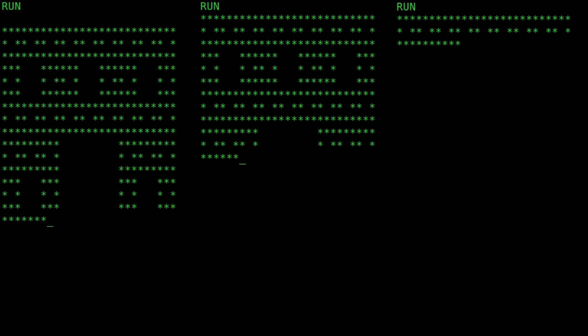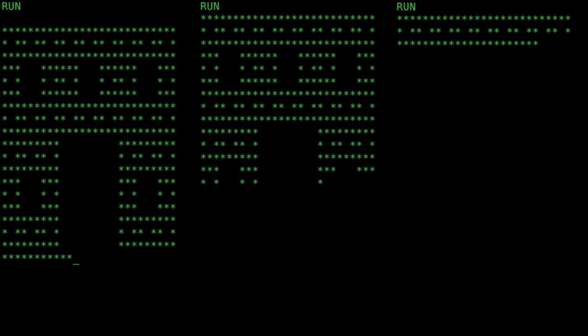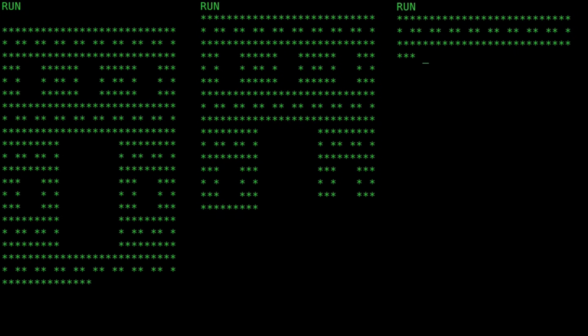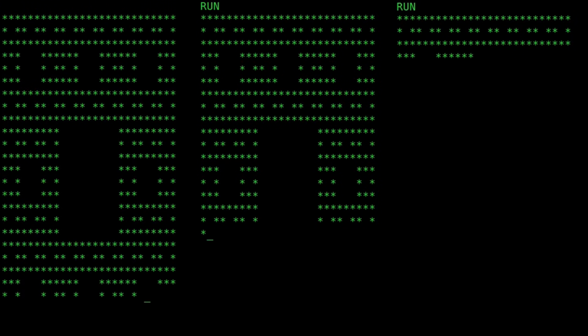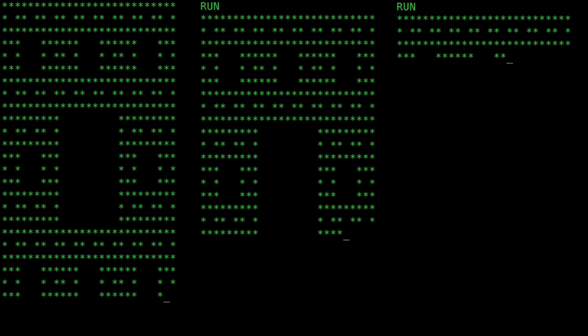It looks like the carpet is halfway printed for TSC. And we're just approaching the halfway point now with Altair, MITS Altair BASIC. All right, here we're coming into the finish.